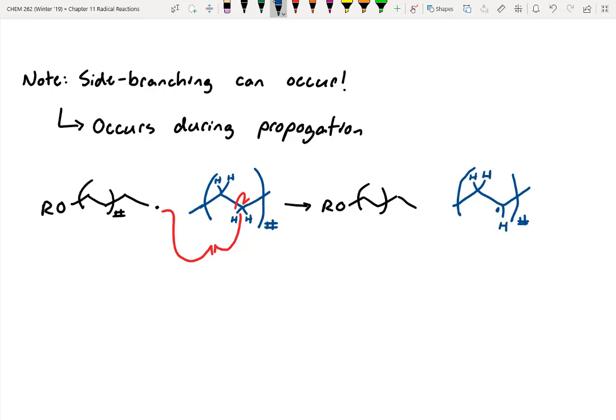But now our radical is located on the inside of another polymer chain. All right, and then in this next step, this polymer, the blue one, can find an ethylene monomer and then do addition with that monomer.